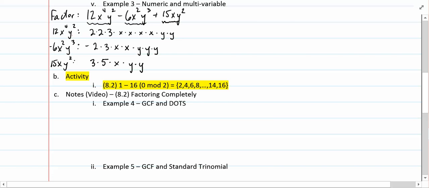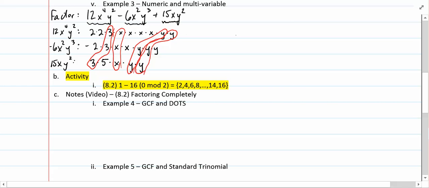So now let's find what is common to all three. As far as our numeric values go, the only thing that's common to all three is this number 3. So that's going to be part of our greatest common factor. As far as our variables go, we have x's that are common, and it looks like 2 y's that are common to each term.